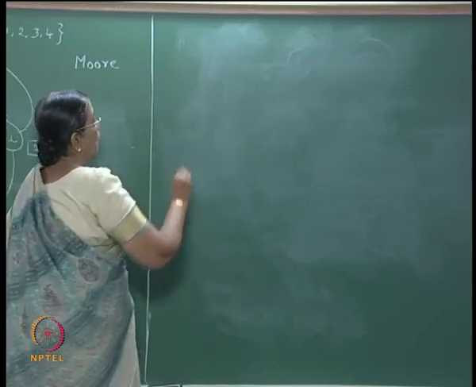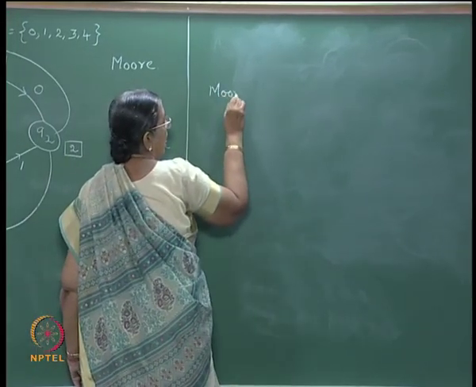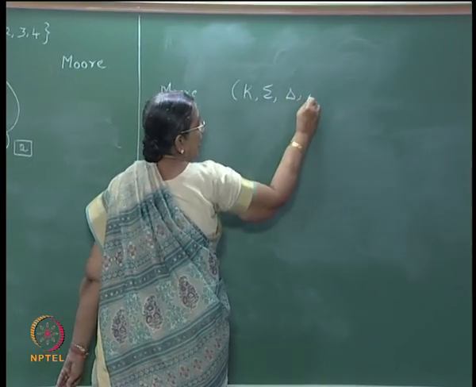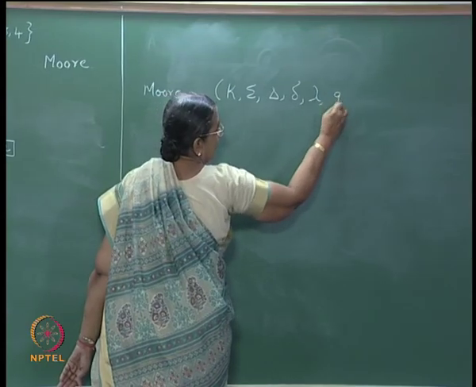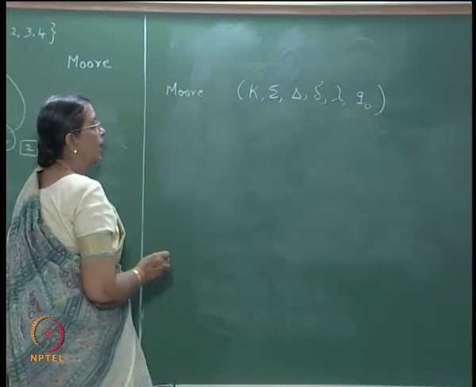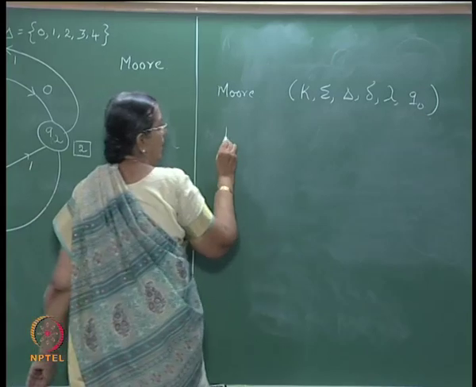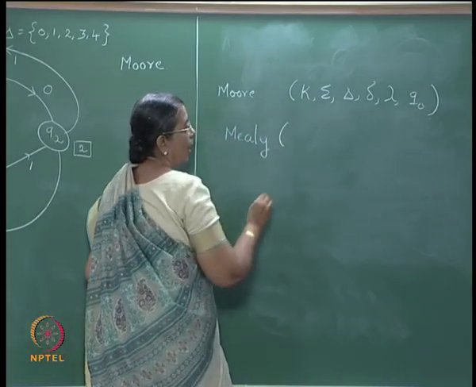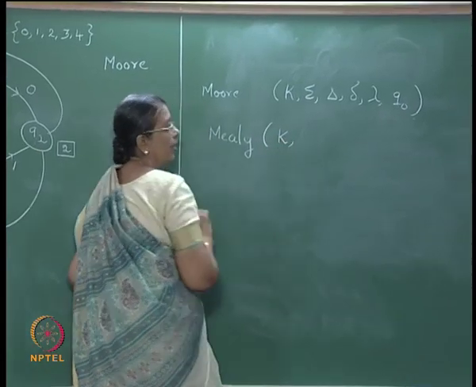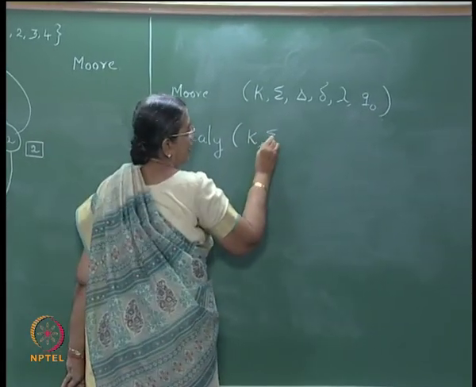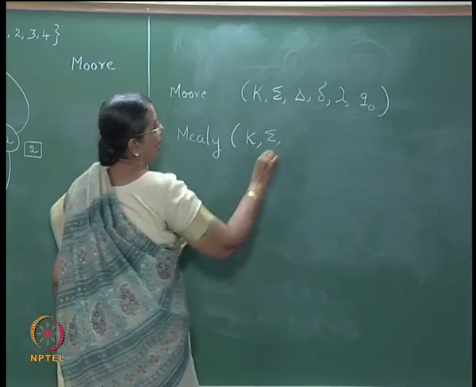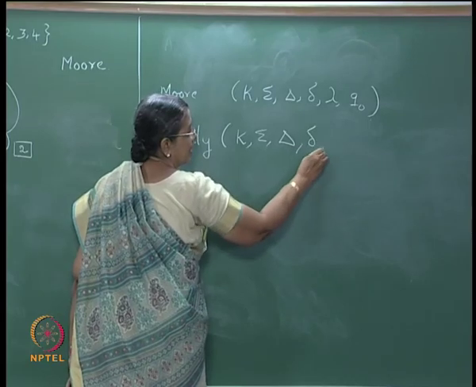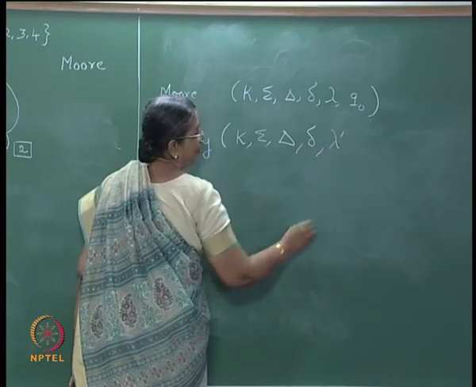So, you are given a Moore machine (K, Sigma, Delta, Lambda, q0). How will you construct an equivalent Mealy machine? The corresponding Mealy machine has the same set of states, the same set of input symbols, the same set of output symbols, the same transitions, but the output function will be different.